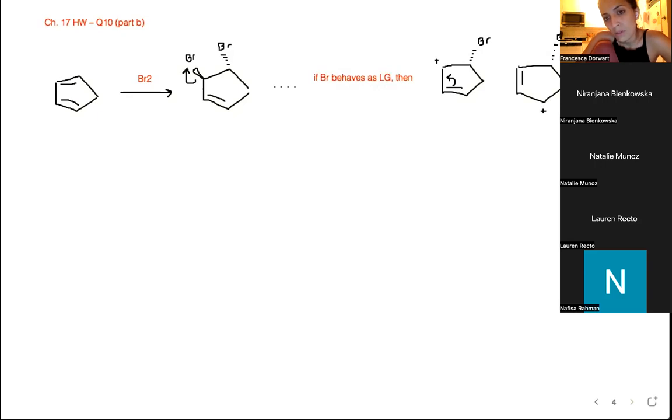Then our bromine can come in and attack. Sorry, I'm bad at drawing pentagons in one shot.